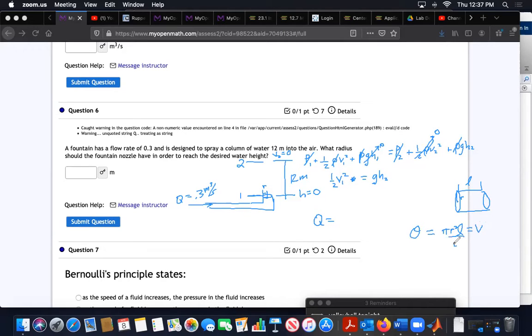So you divide by time here and you divide by time here. So this is volume, not velocity. But this length divided by time is velocity. So Q is also equal to pi R squared times the velocity, right?